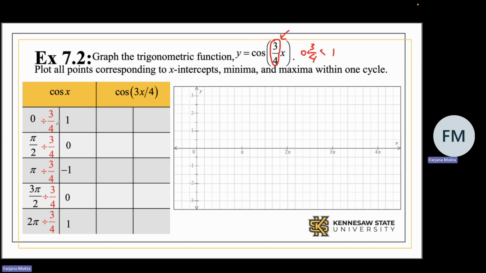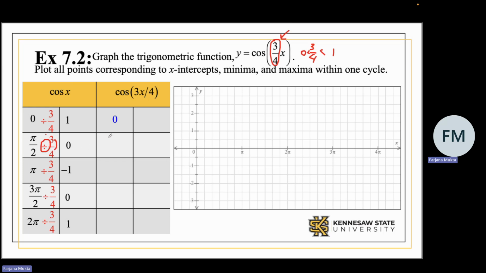All right, now we'll simplify them. Dividing 0 by 3/4 is just 0. Dividing pi over 2 by 3/4. We simplified each of these in our last class. I'm hoping we know them already. So what we do, we change this division to a multiplication, and we flip the numerator and denominator, right?